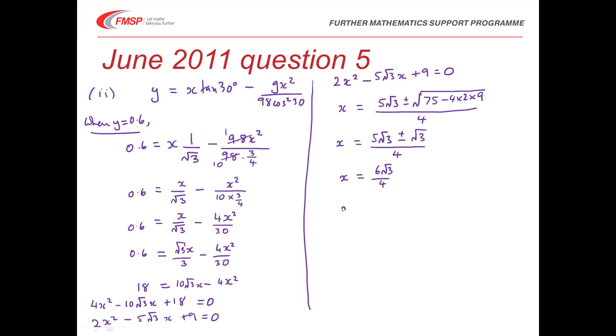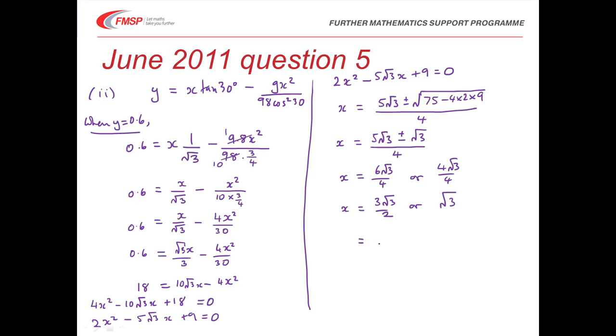In other words, 3 root 3 over 2, or if I subtract 5 root 3, take another root 3, which is 4 root 3 over 4, so my other answer is the square root of 3.